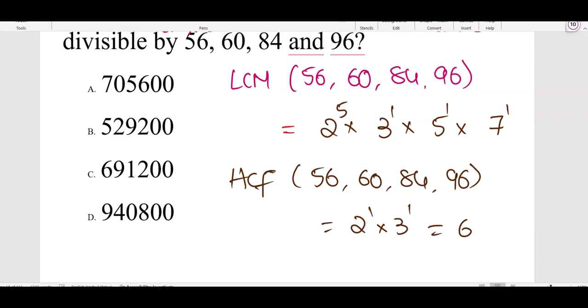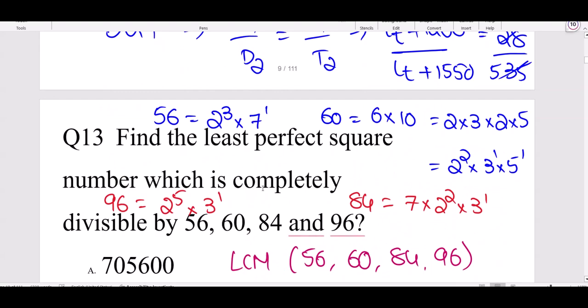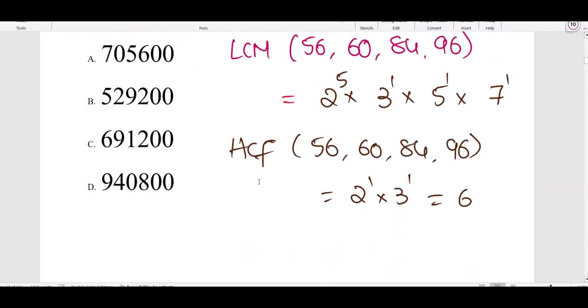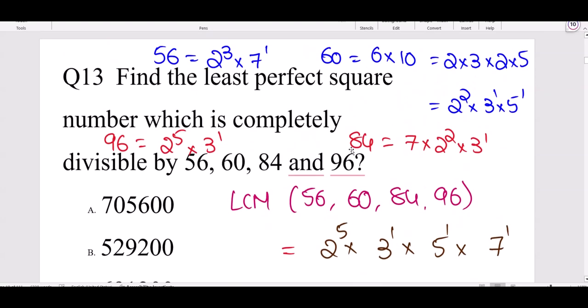Sorry, somewhere things went wrong. For 56, yes, sir. See, again, you people are giving wrong input. In 56, 3 is not there, my dear. What is the least power of 2? 2 square, right? Why did you say 2 power 1?